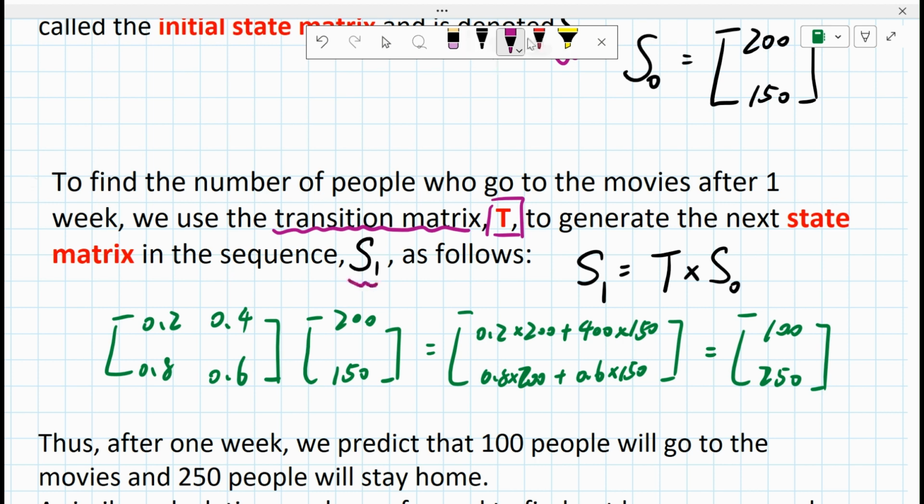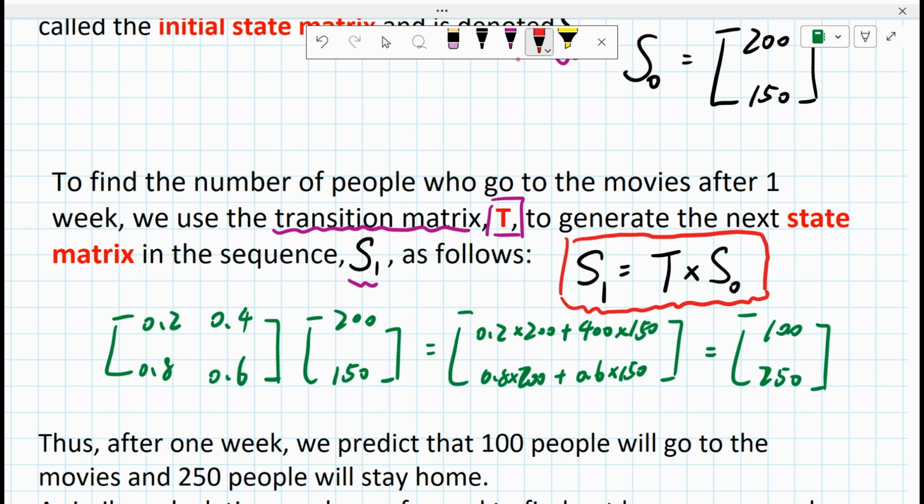I want you to write in your reference book: S1 equals T times S0. The transition matrix we calculated is 0.2, 0.4, 0.8, 0.6. If you want to have a look, please go through the last video as well.